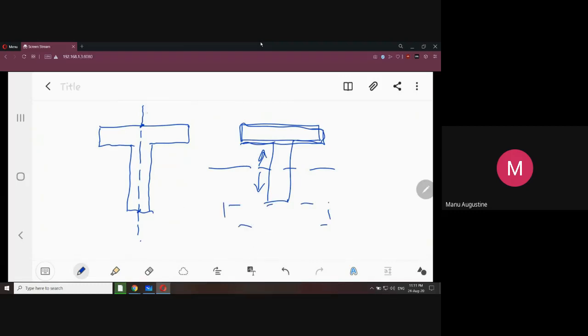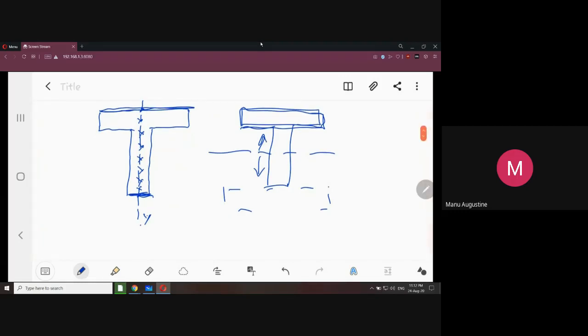So the axis of symmetry is the axis YY, which you select so that it passes through the midpoint of the bottom side as well as the midpoint of the upper side. So this is the axis of symmetry. One thing is sure: the centroid of this T section will lie somewhere on this vertical line only. Now you apply the methodology of finding the centroid using this as the reference axis.